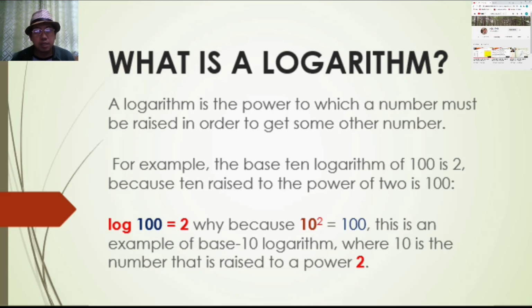So that, as I said a while back, that base 10, which is being raised to the power of 2, will give you 100. Now, you will notice in here its illustration. 10 raised to 2 is equal to 100. This is an example of a base 10 logarithm, wherein 10 is the number that is raised to a power of 2. Okay.